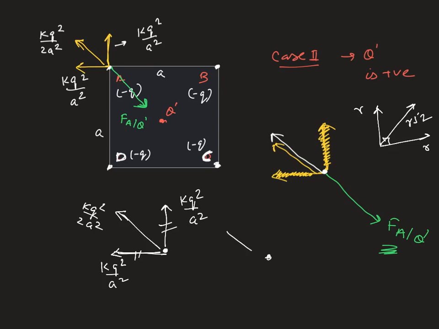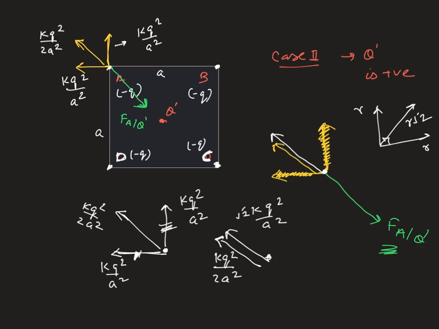So the resultant of these two forces will be root 2 kQ squared upon a squared, and the second force due to the diagonal charge C is kQ squared upon 2a squared, and they are in the same direction.